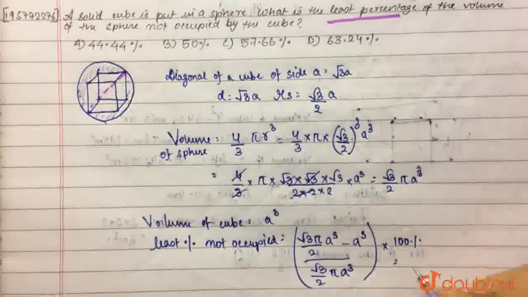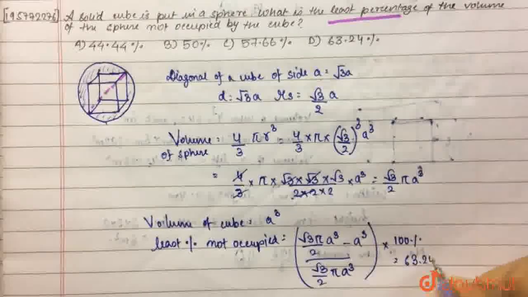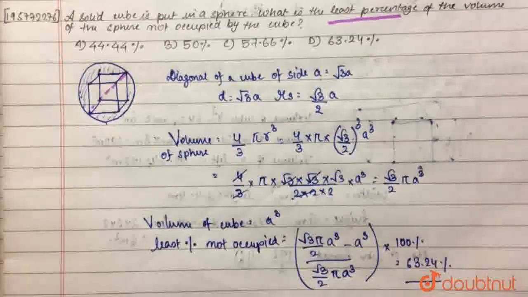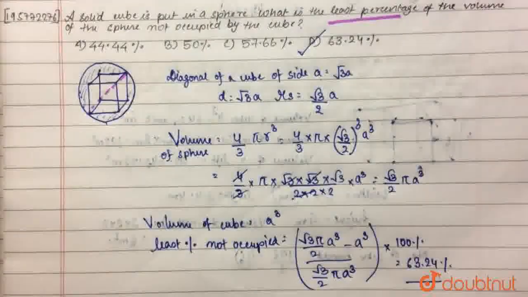So that will give you a value of 63.24%. You have the use of calculators in your examination, so simply take that out, calculate this, you will get 63.24%, and that will be your correct answer.